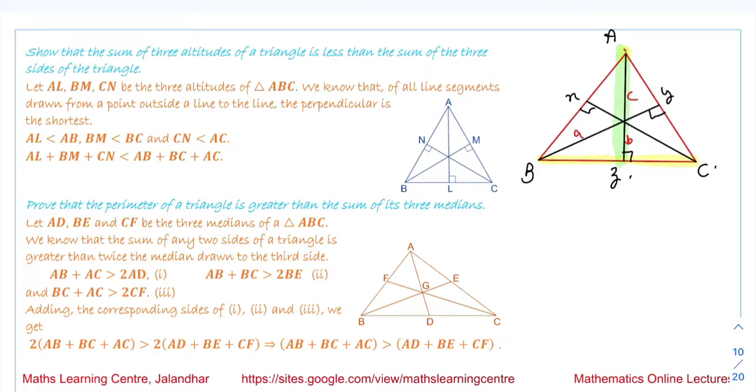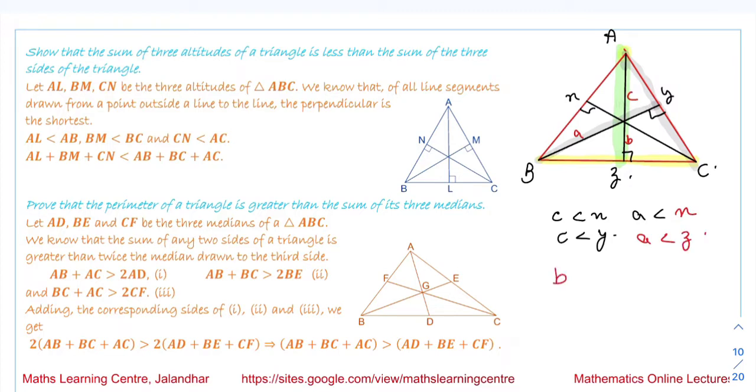So basically what we are saying is that C is less than X and C is less than Y. Similarly, if we are talking about A, this is the line I am saying, and this is the perpendicular over here. So we are saying A is less than X and A is less than Z.